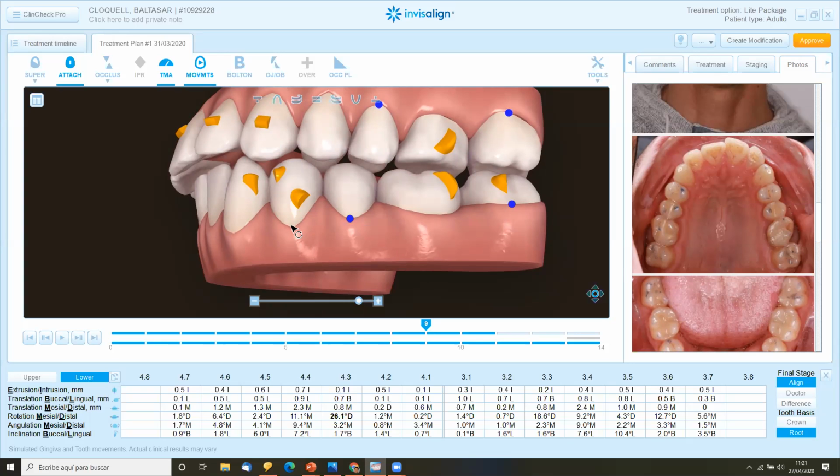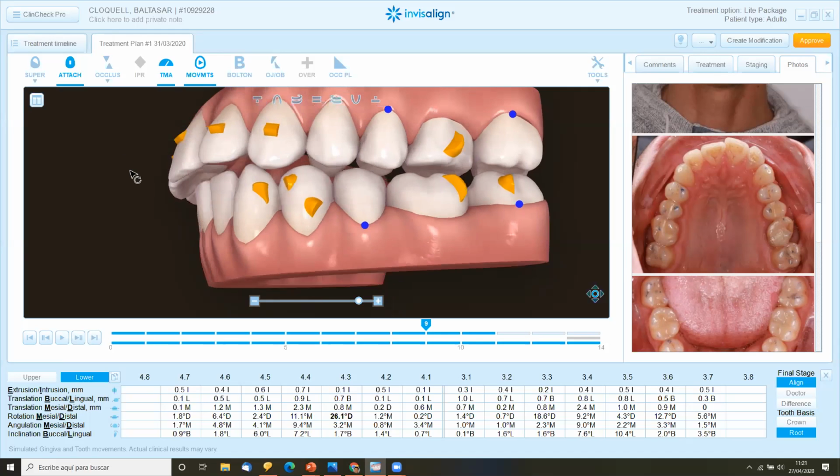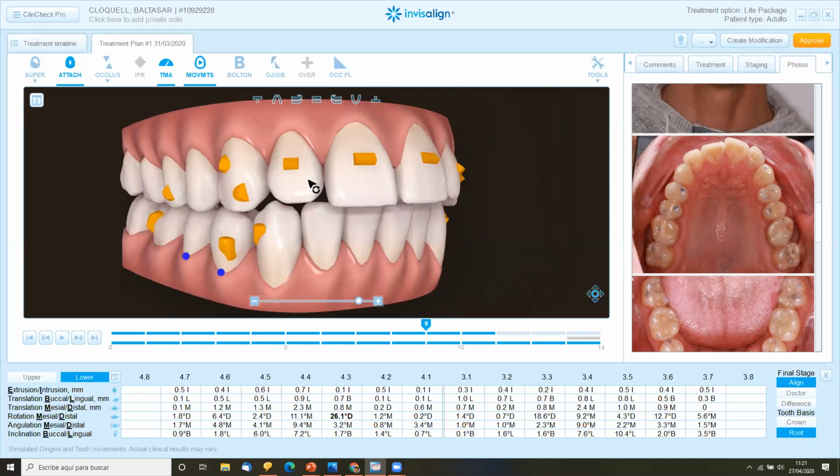It's supposed to be an easy movement. This is not real, okay? The movement of 34 is much more difficult than the movement planned at 35. Okay, just to let you know, because we have to check very deeply our Clinchecks and look at all these things.